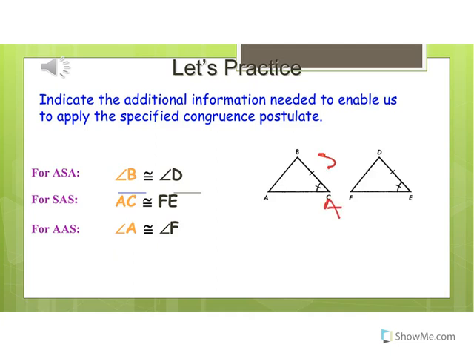So we want to show that another angle is congruent. Right? So then we say that angle B must be congruent to angle D. So then this gives us angle, side, angle. So we need to label our diagram. Right, and then for the next part, I'm going to use blue. I'm going to erase this part.